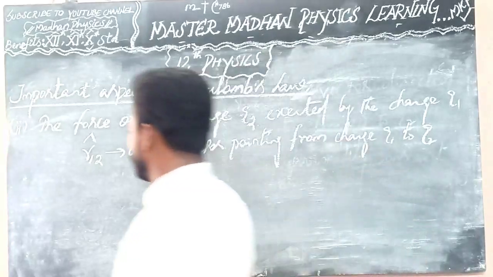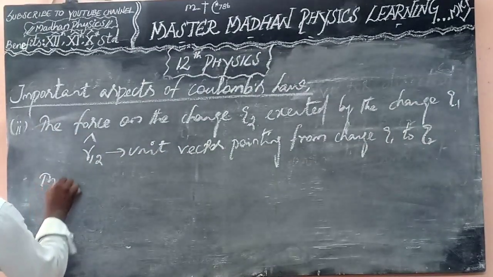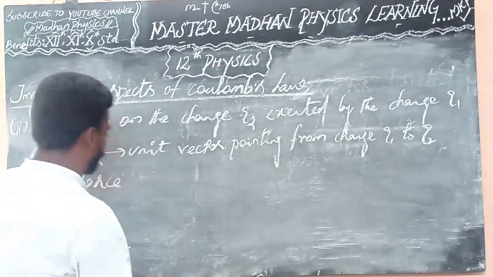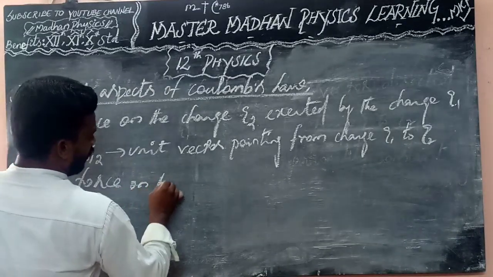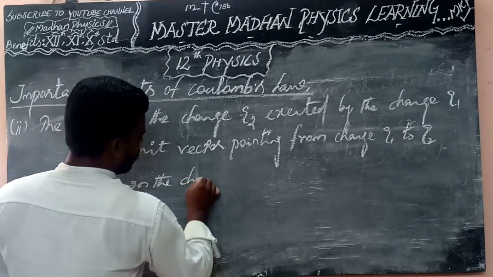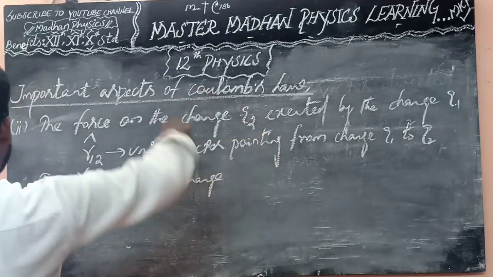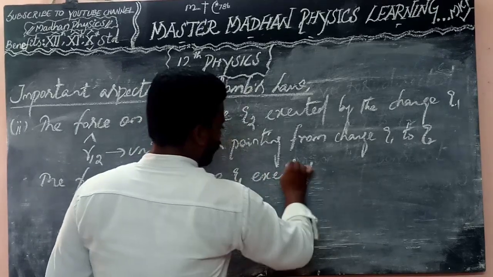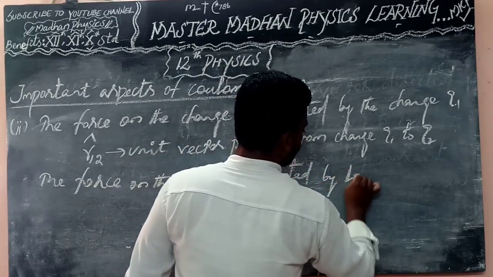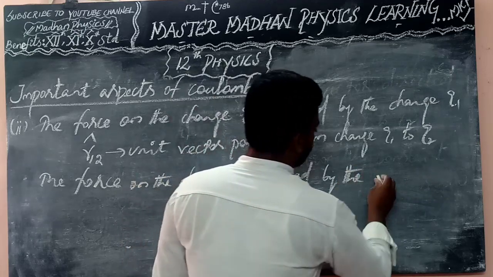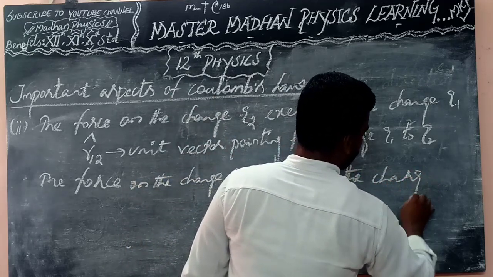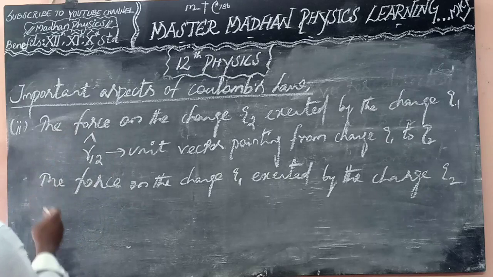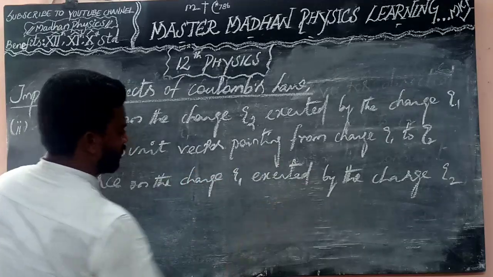Next, the force, and don't forget to take down the notes as I write. So the force on the charge Q1 exerted by the charge Q2. How can we form this r cap? Now see, that is opposite, isn't it?